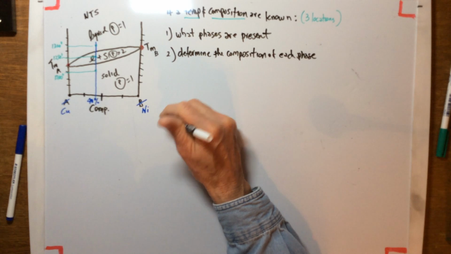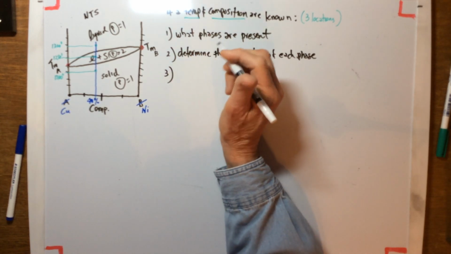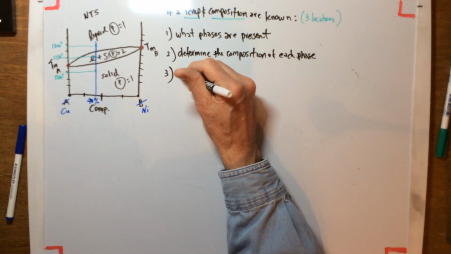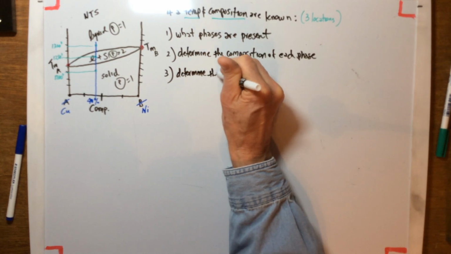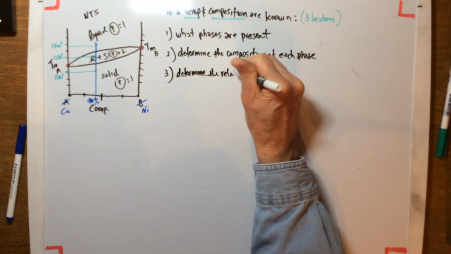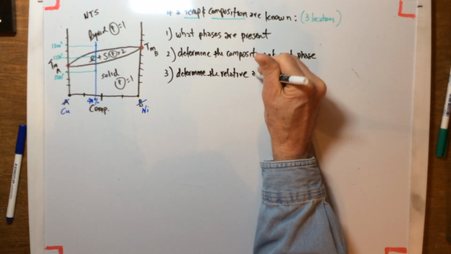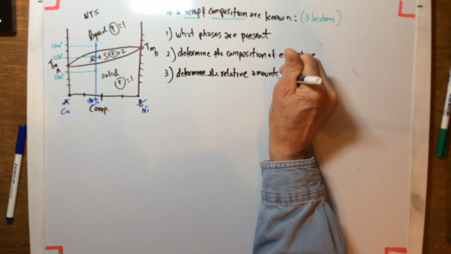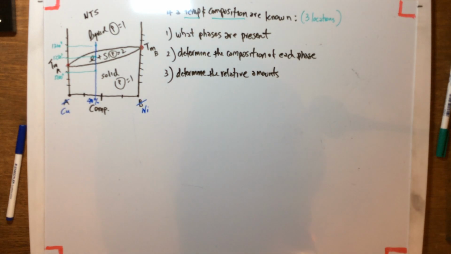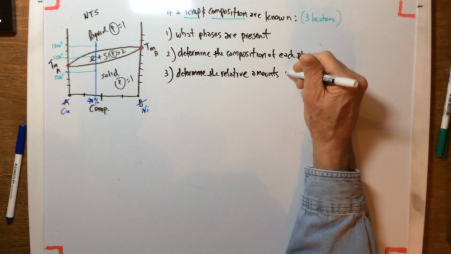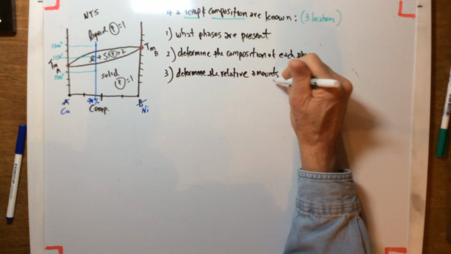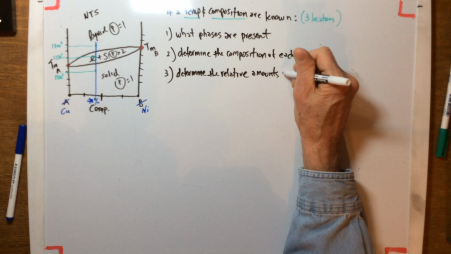And then the last one we'll be able to determine is the relative amounts, which is basically the same thing as the weight percent. That's just how much liquid is present or how much solid is present.